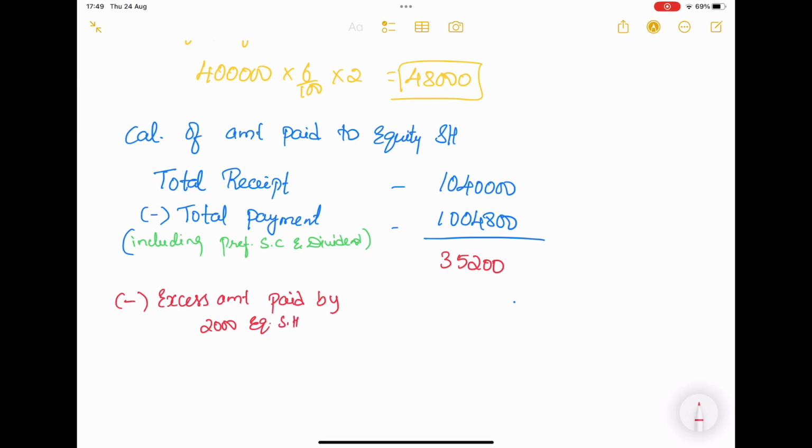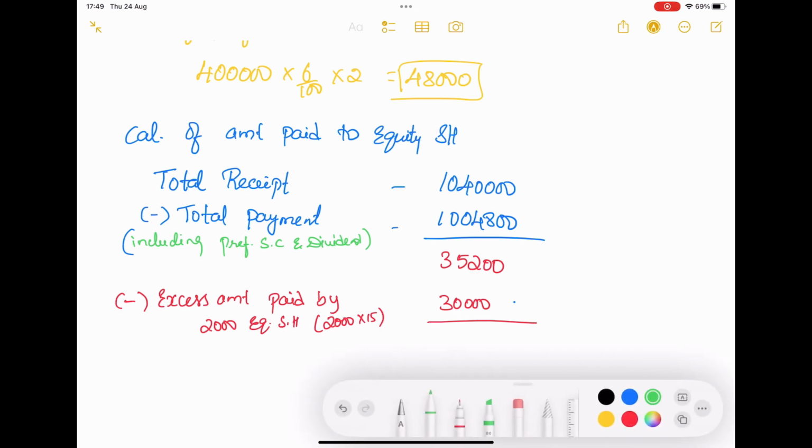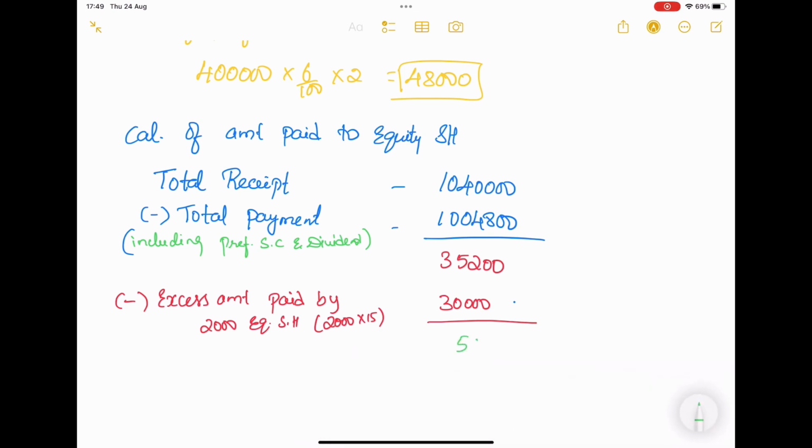So we are going to pay them 2,000 into 15. So we'll be having 30,000 we are going to pay them. So remaining excess will be 5,200.